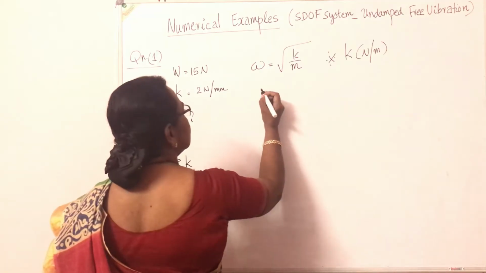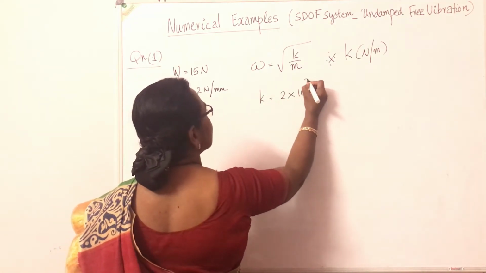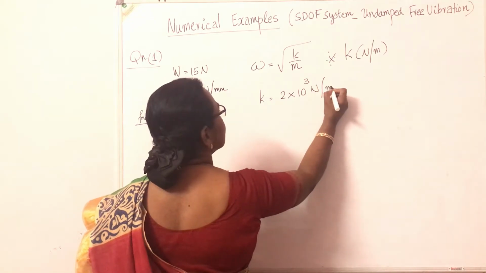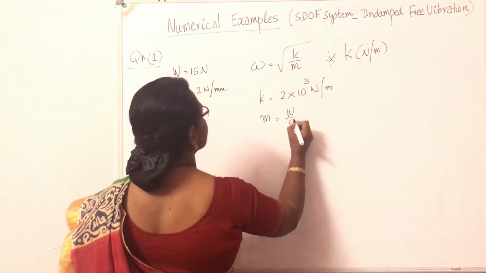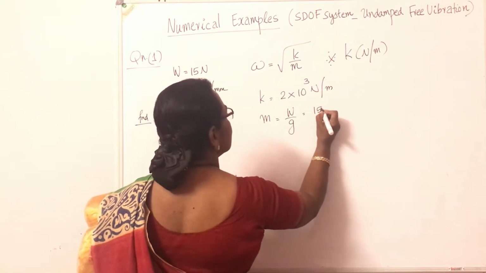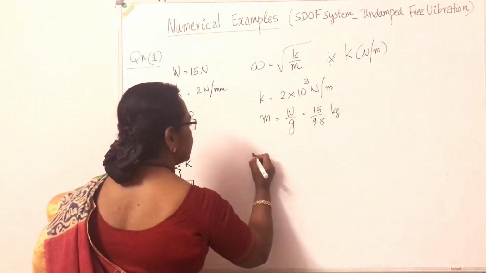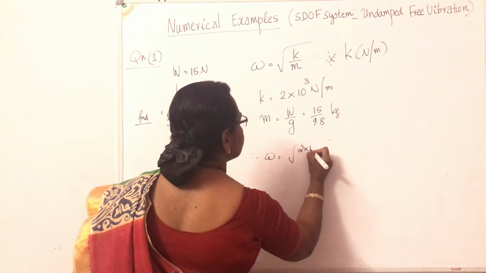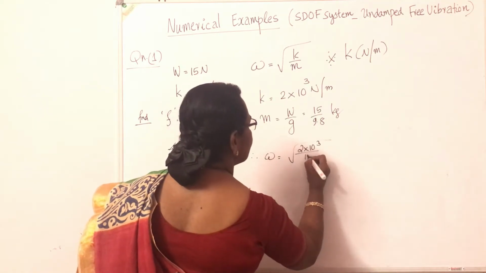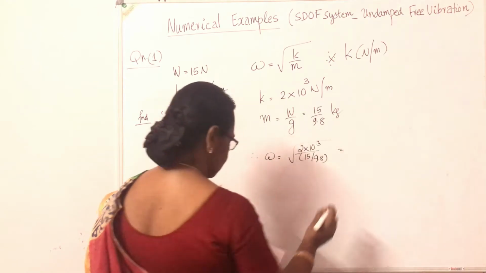So here K is equal to 2 into 10 raised to 3 Newton per meter. Mass is equal to W by g, 15 divided by 9.8 kilogram. Therefore, substituting, omega is equal to root of 2 into 10 raised to 3 divided by 15 by 9.8.